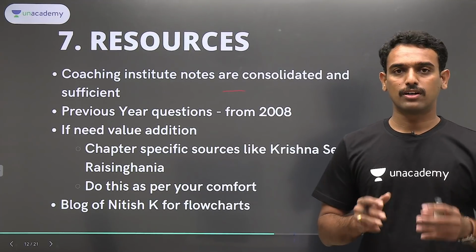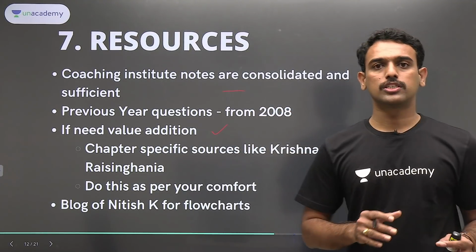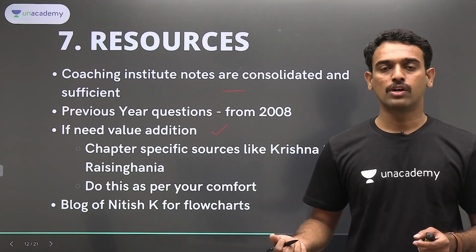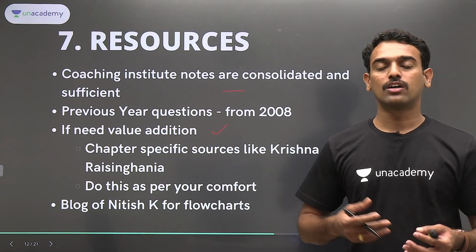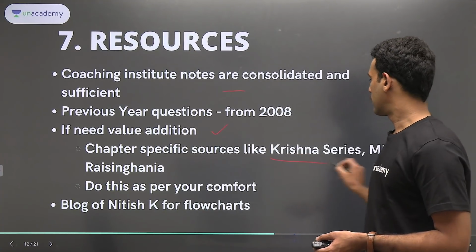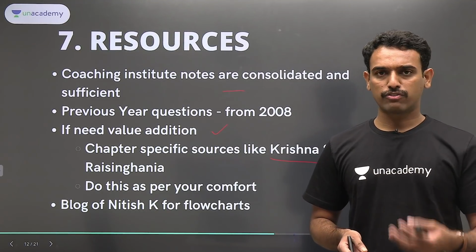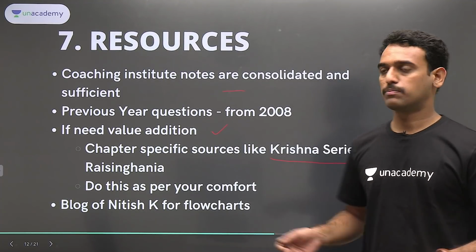But with respect to comfort level, if you need some value additions for certain chapters, or more problems to solve for chapters you are not confident about, then you can go for books like Krishna series as well as MD Rai Singhania, which are standard reference books, and you can refer to them for more problems. So that is something that can be done.